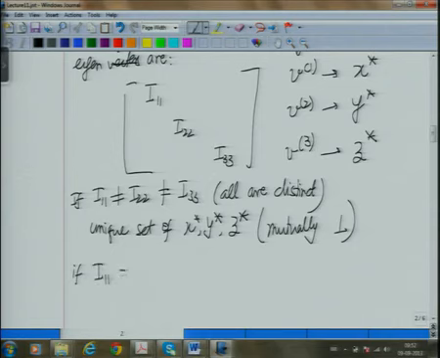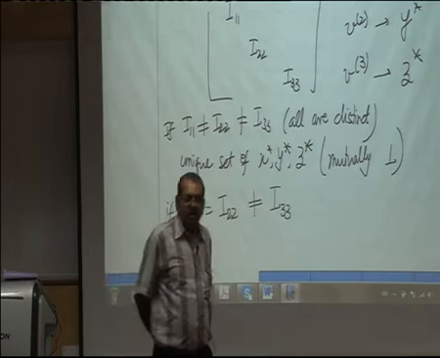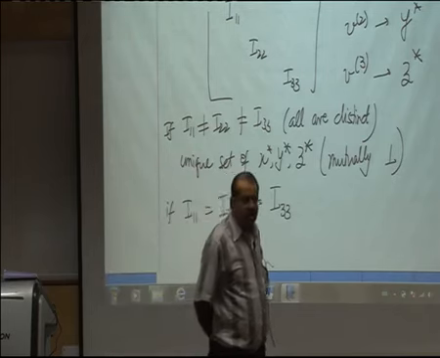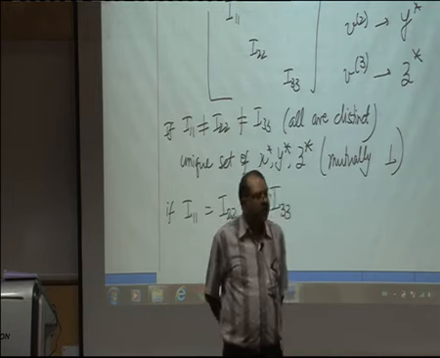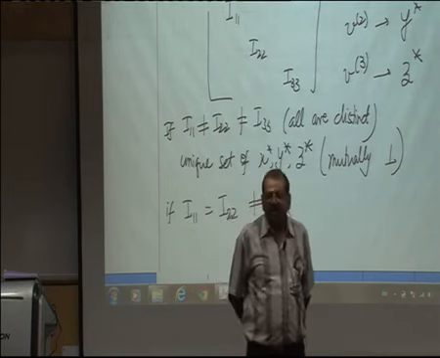If two of the eigenvalues are equal and not equal to the third one, then what happens? Then what can we say about the eigenvector in the 1, 2 or xy plane?